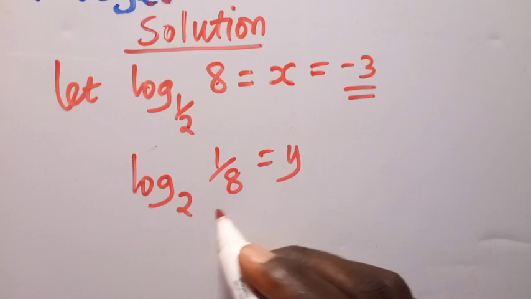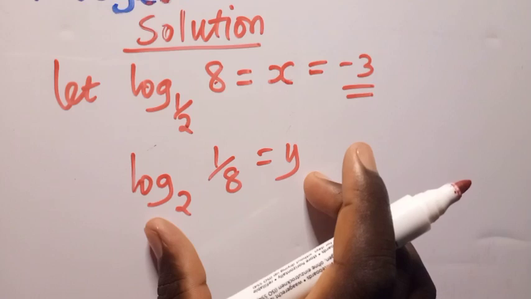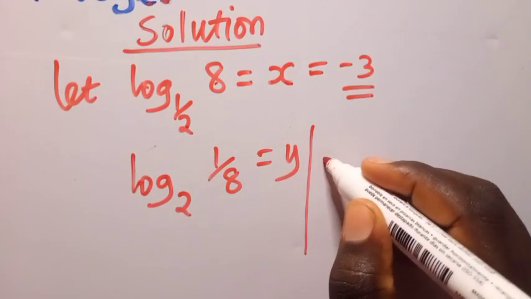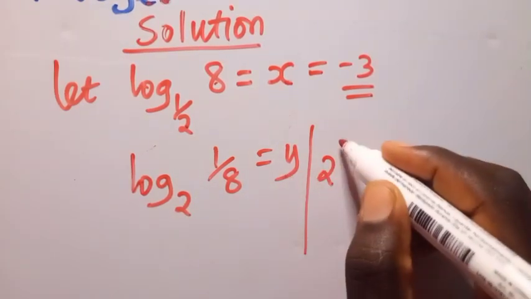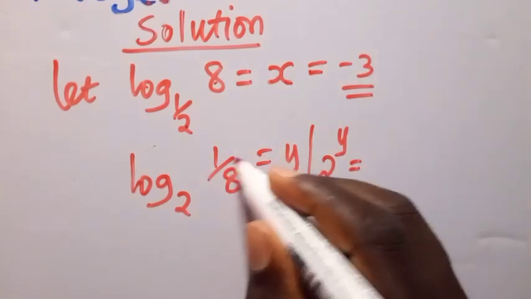This is in logarithmic notation. If we write it in index notation, then we shall have this base, which is 2, raised to this power, which is y, equals this 1 over 8.